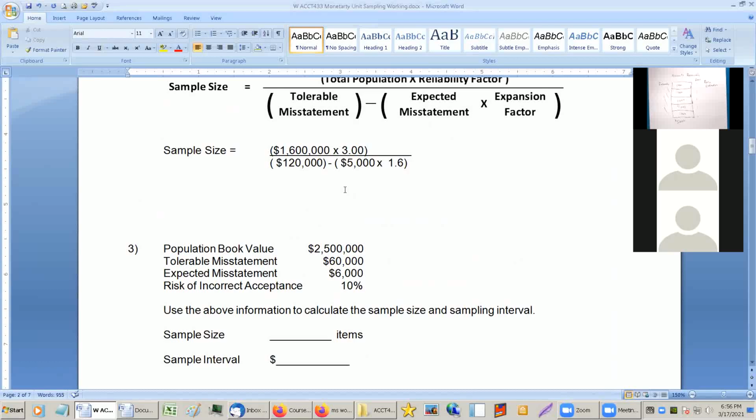And so that will be our sample size. So sample size equals, oh yeah, I can go over here. It'll be easier. 1.6 million times 3 is what, 4.8 million?